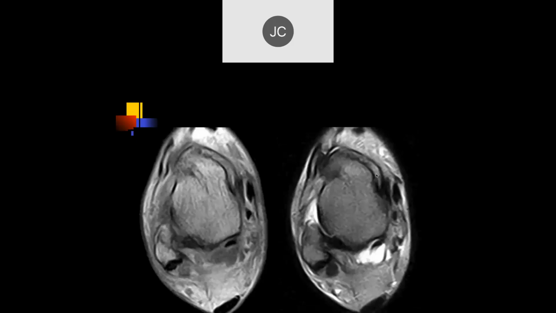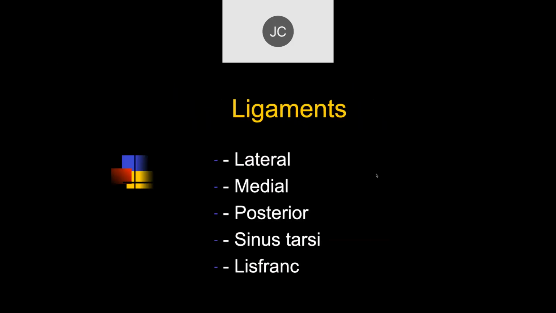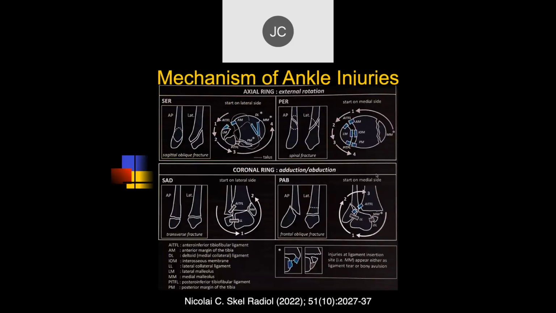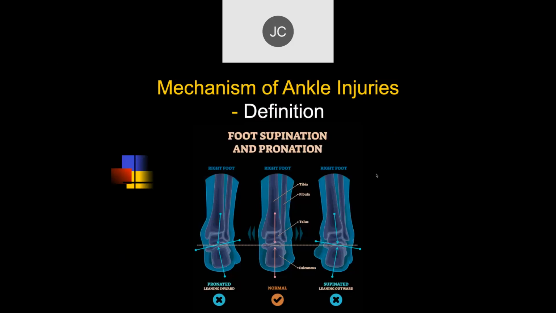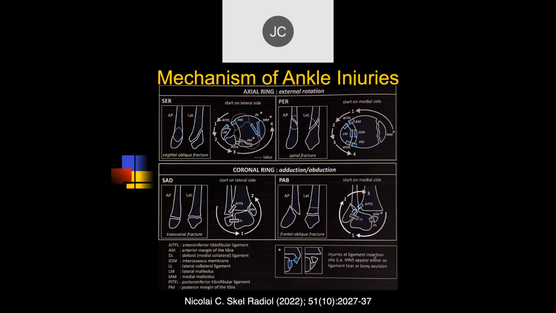So let's go back to our mechanisms of injury. With something like that, we're going to have probably a supination injury where the talus and the calcaneus rotate medially, putting pressure on the medial malleolus, which produces the oblique fracture of the base of the medial malleolus, and then avulsion injuries of the lateral ligaments.